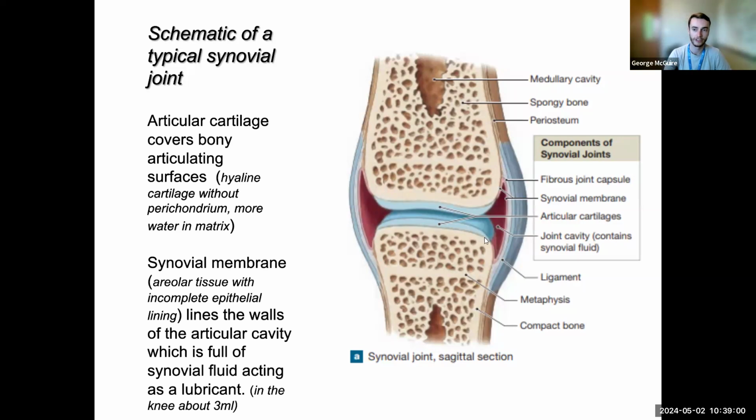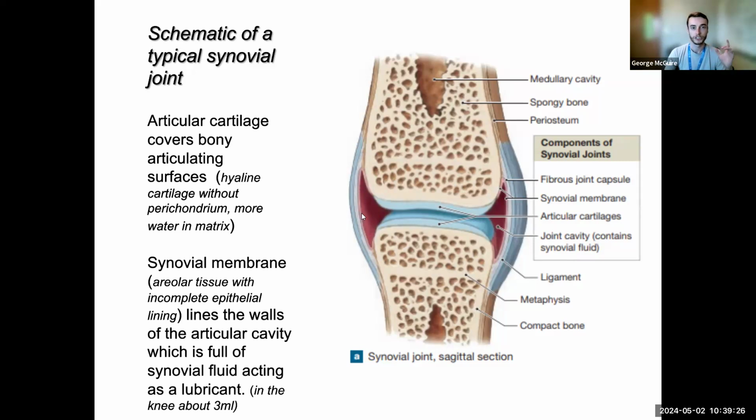And then the rest of that joint capsule is lined by this synovial membrane, which is going to produce synovial fluid. So synovial joints are surrounded by synovial membranes, and those synovial membranes produce synovial fluid, which is going to fill the rest of this capsule. Synovial membranes are areolar tissue with a thin lining of incomplete epithelia.